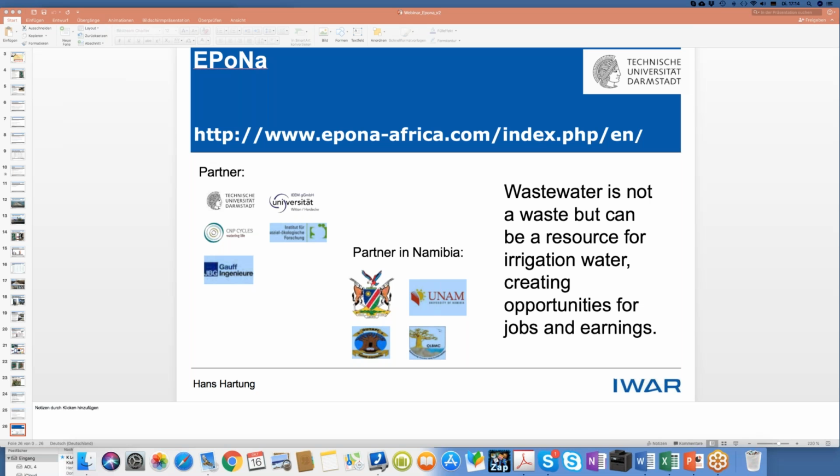Yeah. But you have seen there is still this very large evaporation pond, which can be used as a buffer.